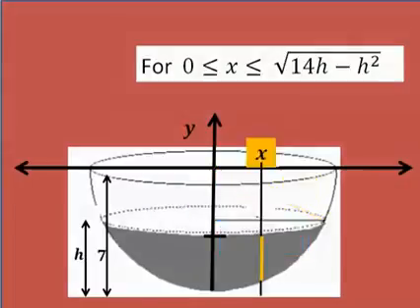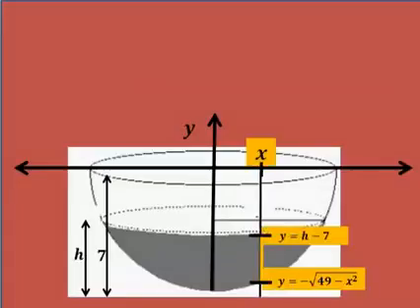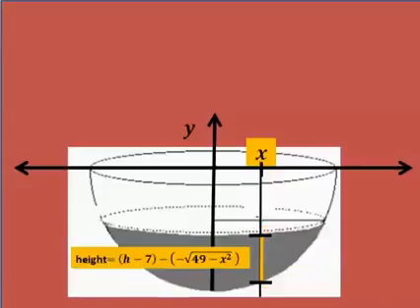Now let's fix a value of x. For a given value of x, what is going to be the range of y? This is the range of y. And so the height of my shell is going to be the difference of these two values. Here is my height.